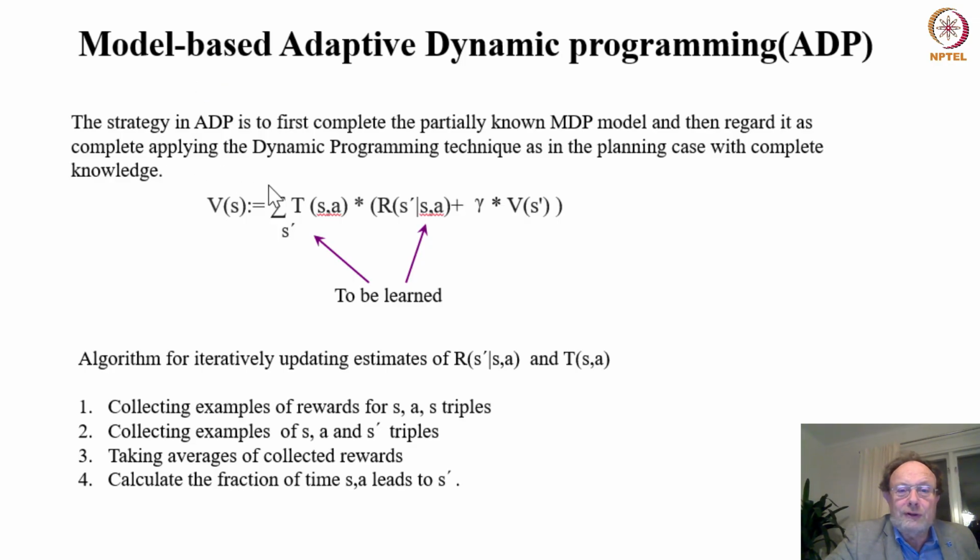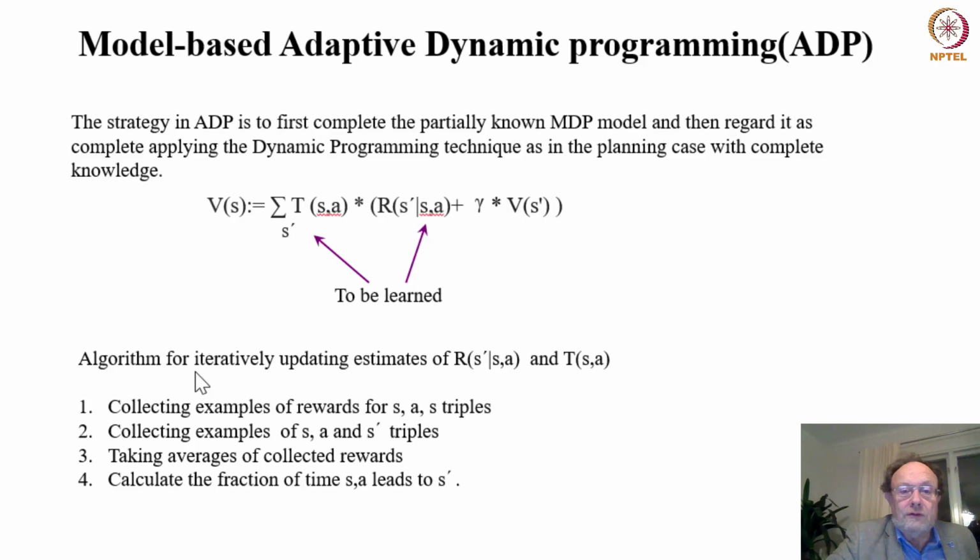So what you do is first complete the partially known MDP model, which is to complete the full picture of the transition function and the reward function, and then after that you apply dynamic programming as in the simple full knowledge case.